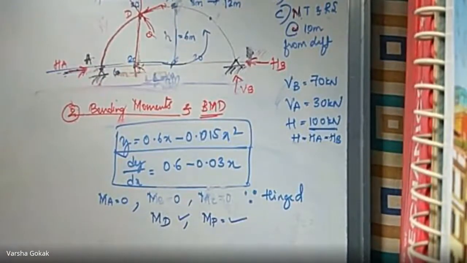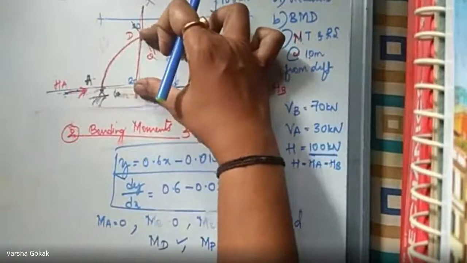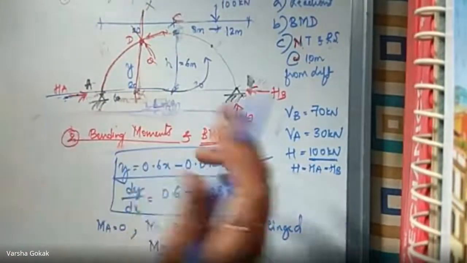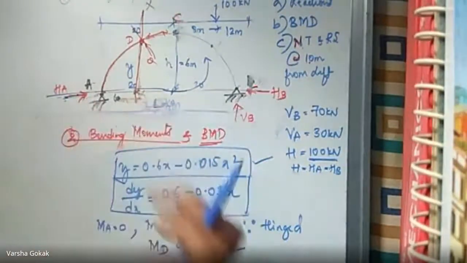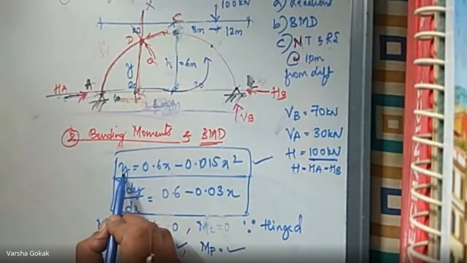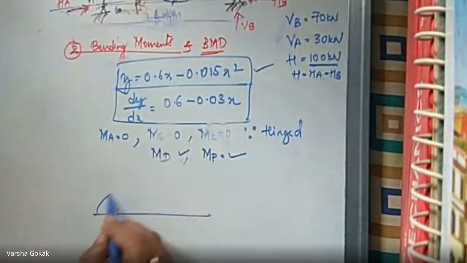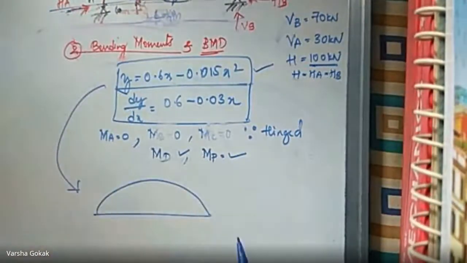How to find the moment at these two places: you have your y equation. So I need to find this y. This is nothing but your y. In this equation, at x equal to 10 meters, if I substitute x as 10, I will get the distance y. This is your arch and this is the equation for the arch, correct?